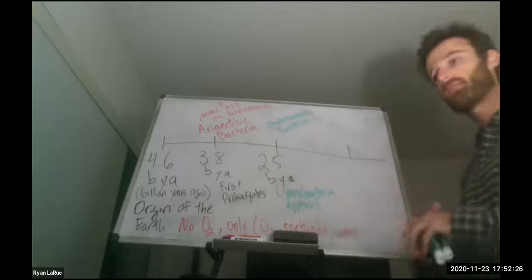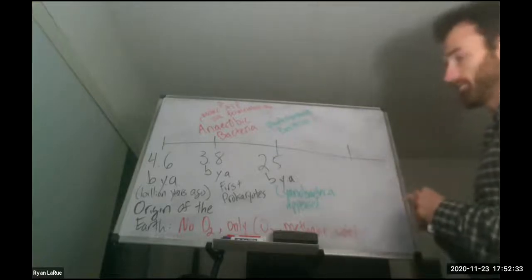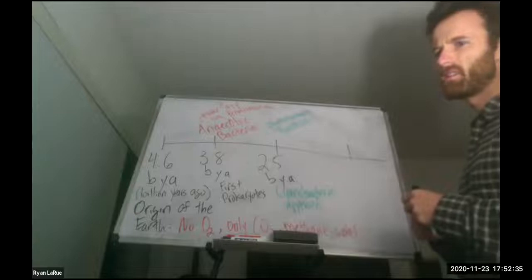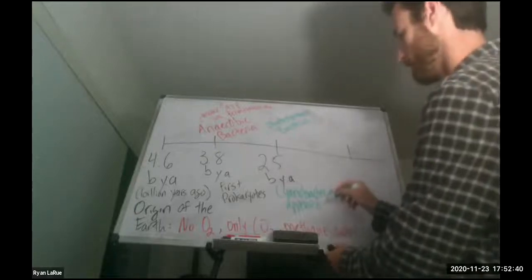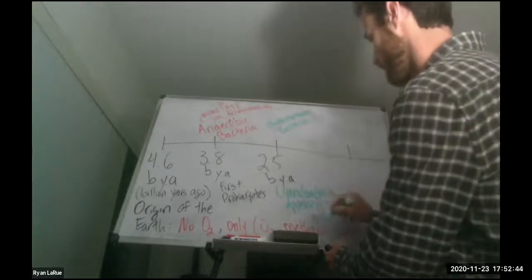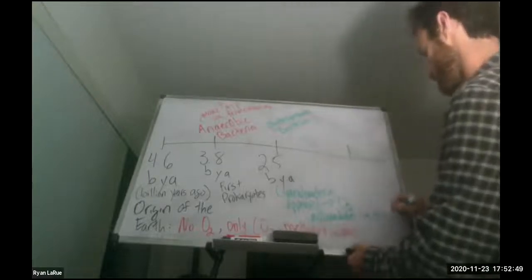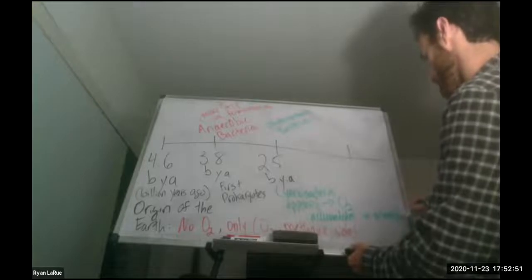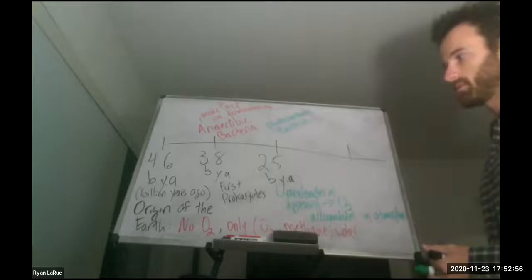Oxygen was released. All of a sudden, the Earth got oxygen in its atmosphere. So I'm going to write, let's do, cyanobacteria appeared. Let's write O2 accumulates in atmosphere. Okay. Now we're getting somewhere as far as life forming.